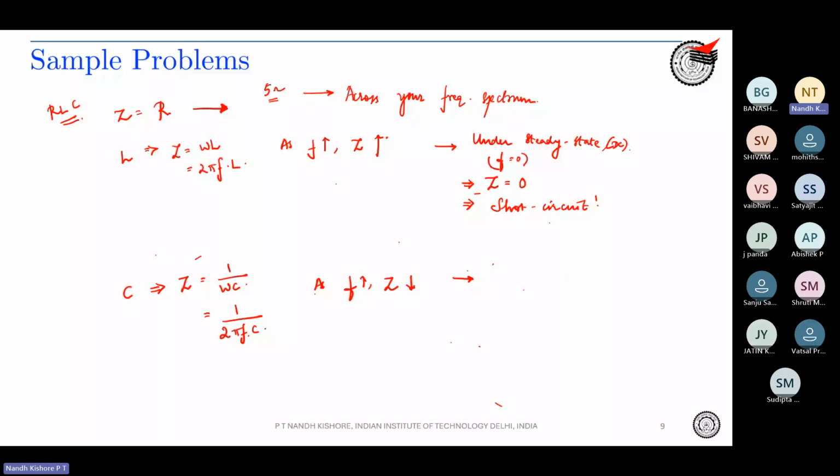Under steady state, when your f is 0, your Z is theoretically infinity.